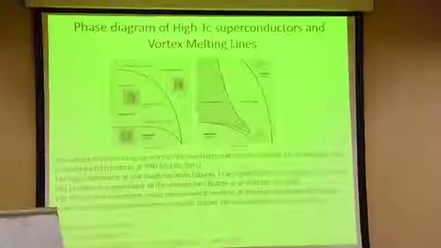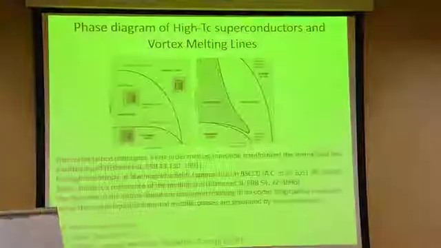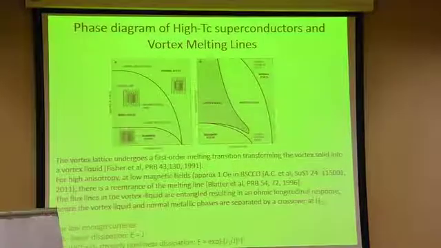Okay, what is a vortex solid? When you have not very high magnetic field and not very high temperature, if you pass a current and the current is not very high, the deformation is elastic, it comes back.